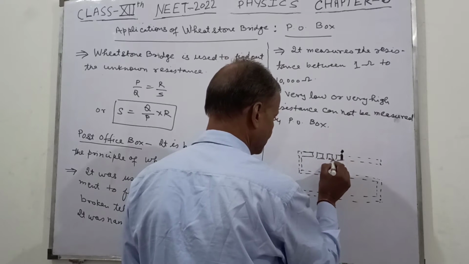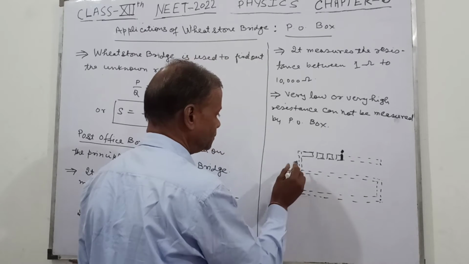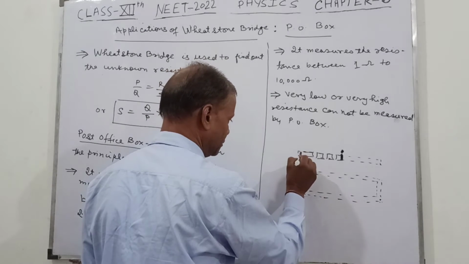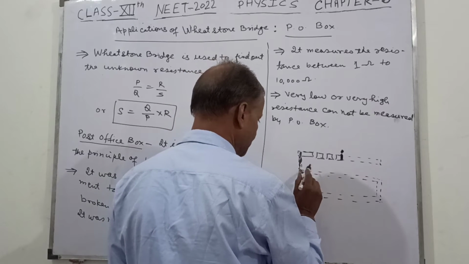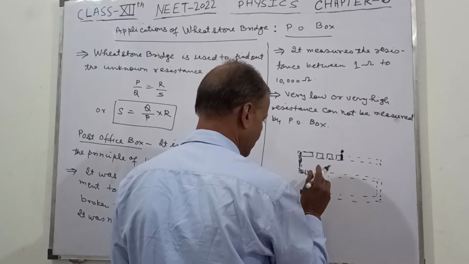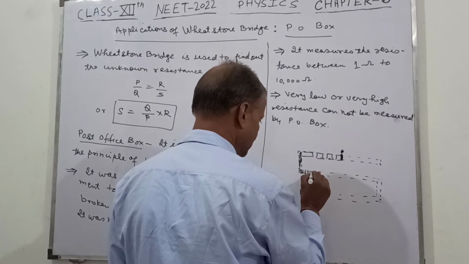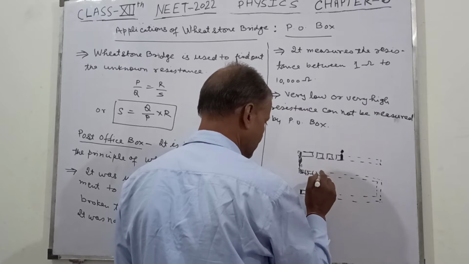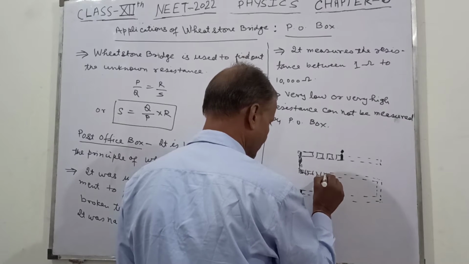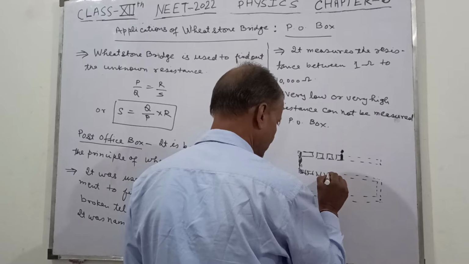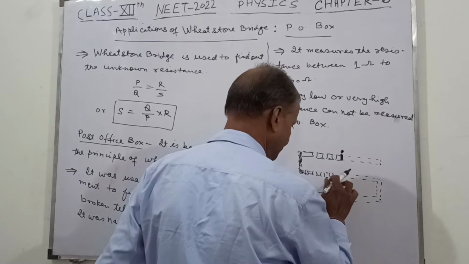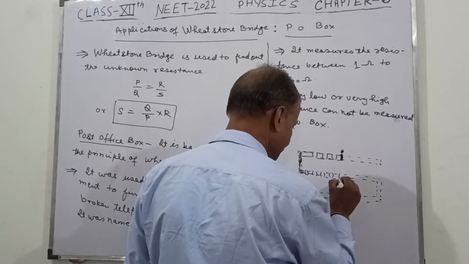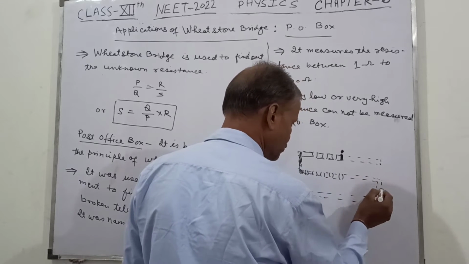Here the resistance is of 1 ohm, then the different resistances are there.